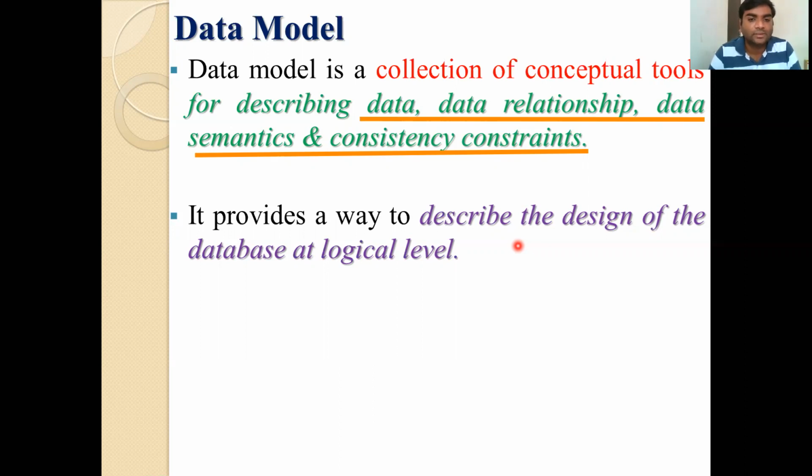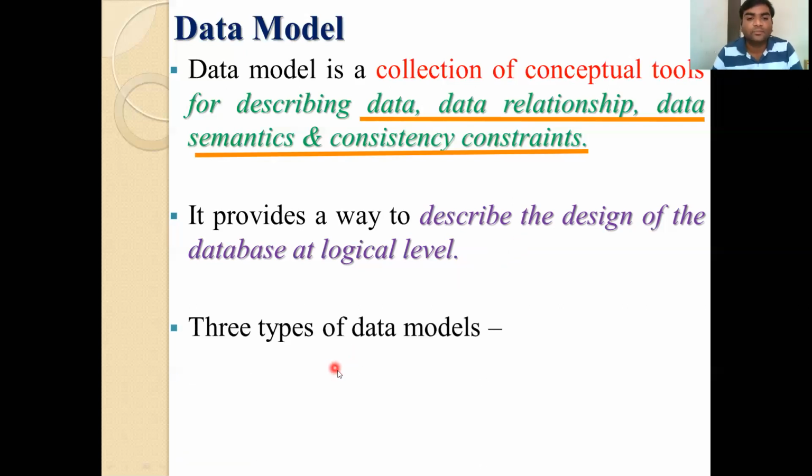At the logical level, the database administrator works. The database administrator is the person responsible for designing the database. So using data model, the database administrator describes the design of the database at the logical level.